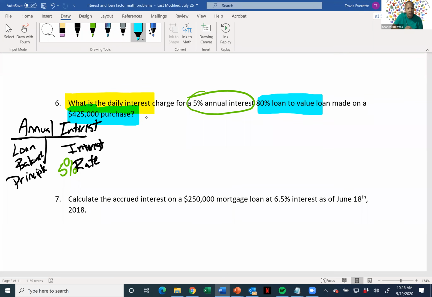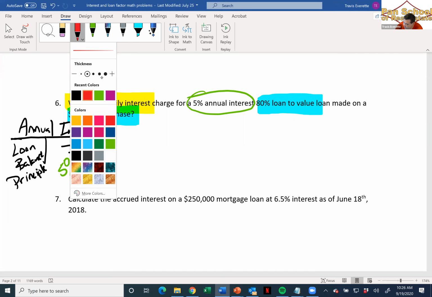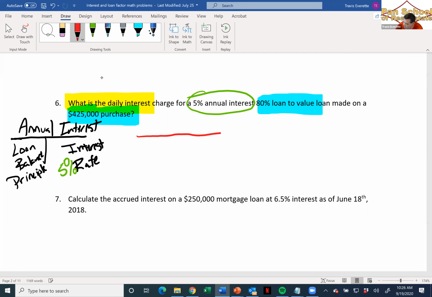It does. So that's where I turn to something like this, and I say, okay, my loan balance, or my principal, same thing, is going to be equal to my purchase price times that loan to value ratio, that 80% loan to value. I know the purchase price, they gave it to me, there's that 425.